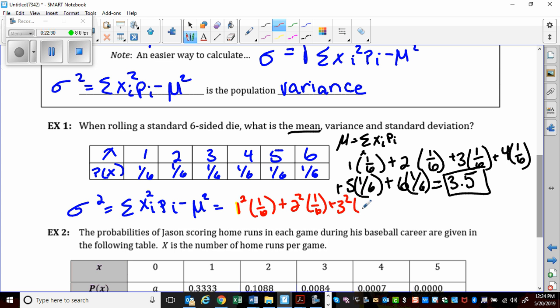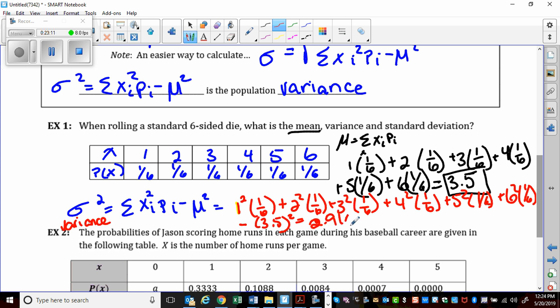I'm going to keep going. 4 squared times 1/6. 5 squared times 1/6. 6 squared times 1/6. Now we're going to also have to subtract my mean, which is 3.5 squared. So square it. And when we plug this into the calculator, my variance is 2.916666, and it's going to keep on going. So 2.916 forever.